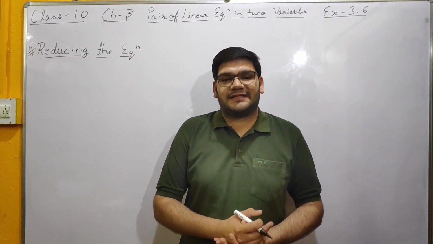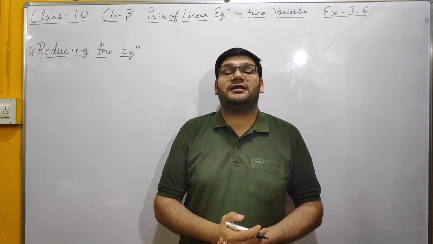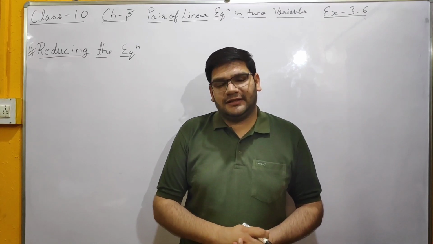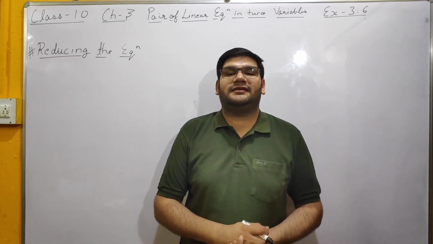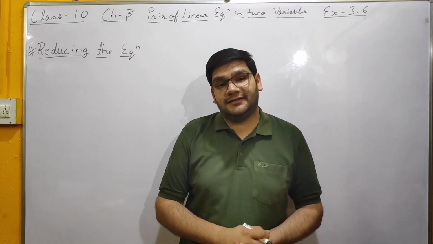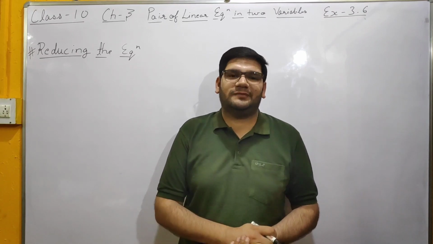Today we have to do exercise 3.6 of third chapter, that is pair of linear equations in two variables. Till now what are the things you have done? Graphical method, then substitution method, then elimination method, then cross multiplication method.